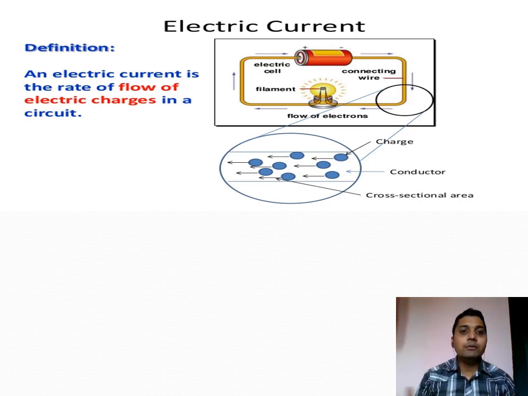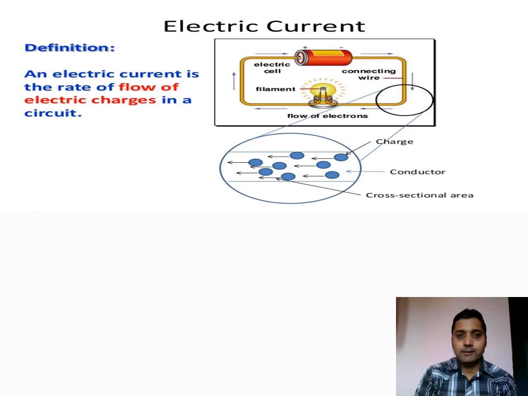What is current? It is the rate of flow of charge in a circuit. That means how much charge flows in a closed path from the switch or source to the receiver in unit time.